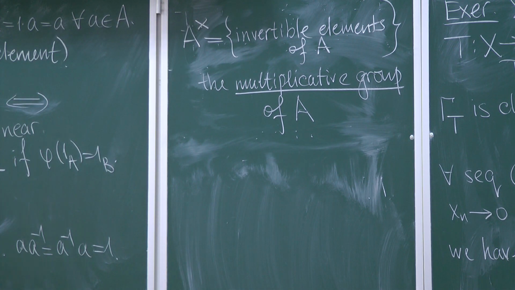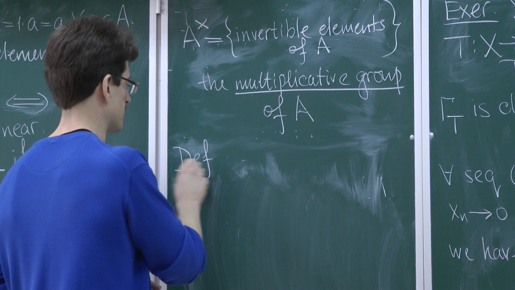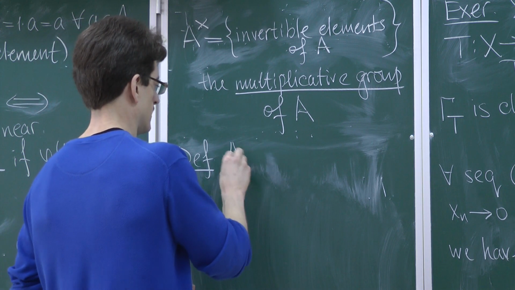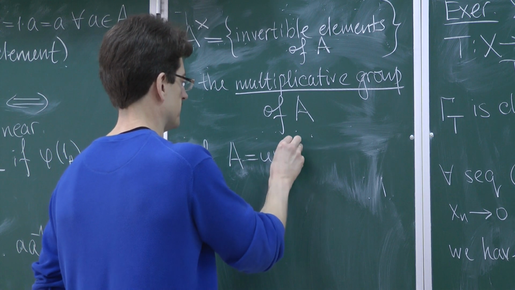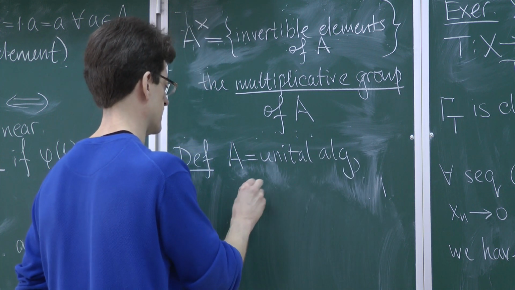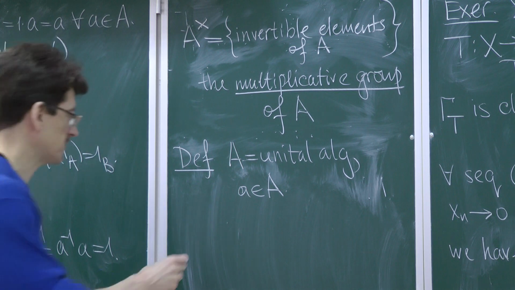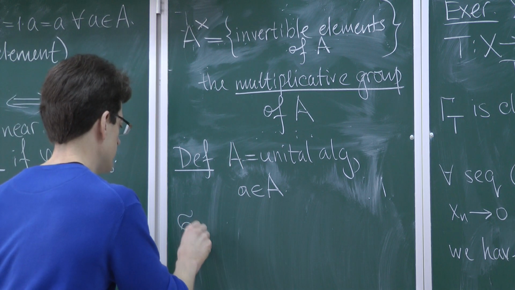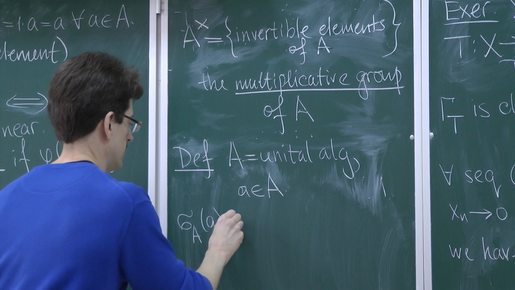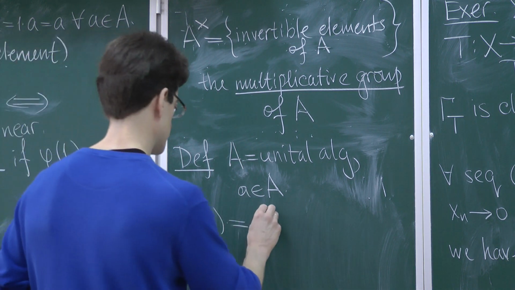Okay, so now we are ready to define the spectrum. So here's our main definition. Suppose that A is a unital algebra, and little a is an element of this algebra. We define the spectrum of a. So this is a set denoted in this way, or simply by sigma of a.